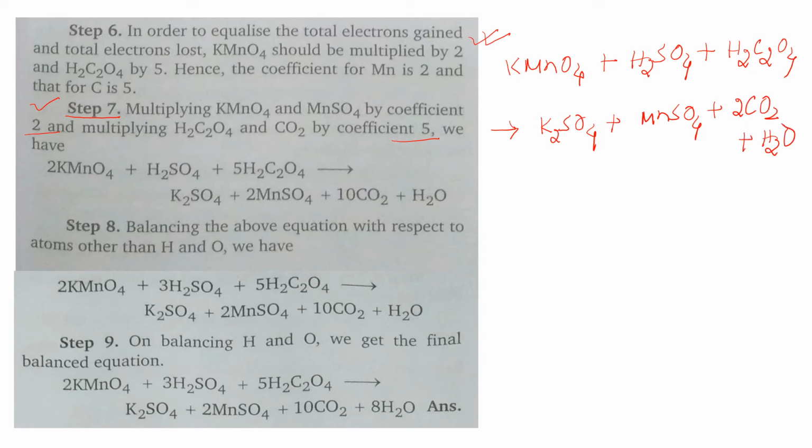This was my equation. Now I have to multiply this Mn and carbon with the coefficients, that is 2 and 5 respectively.